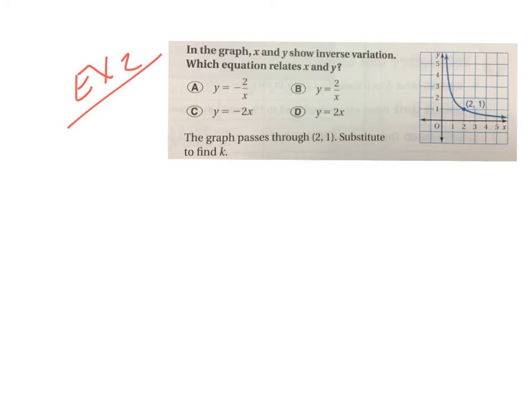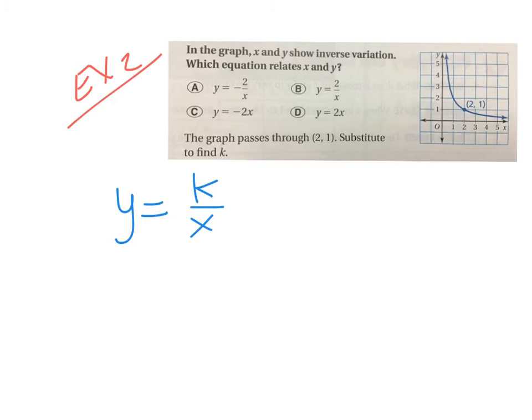Which equation relates x and y? So we need to figure out which of these equations shows the inverse variation. So what's the inverse variation formula? y equals k over x. Okay, so we know that this is the formula.